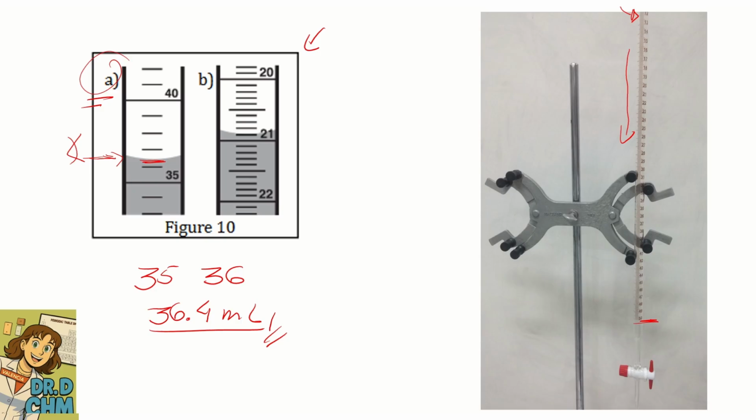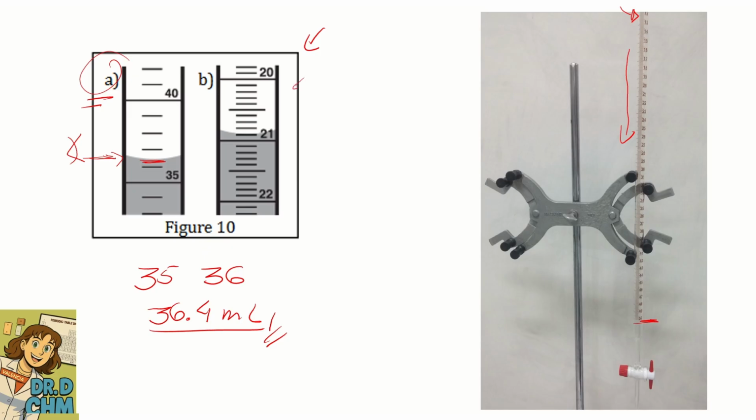Close to 21, but it's not 21, right? The meniscus is right above here, close to 21, but it's not at 20.9.